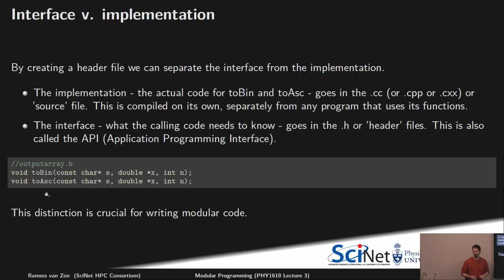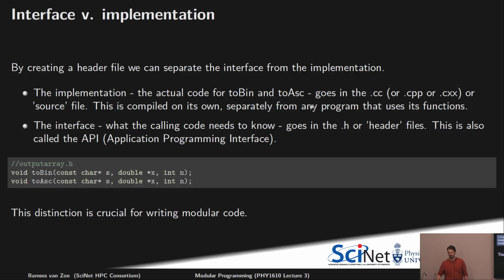So this is often called an API, an application programming interface. It's the interface by which your application communicates with this module. The interface goes into a header file. It's usually called .h. But then the actual code has to go somewhere else. We do have to tell the compiler at the end of the day what these functions do.